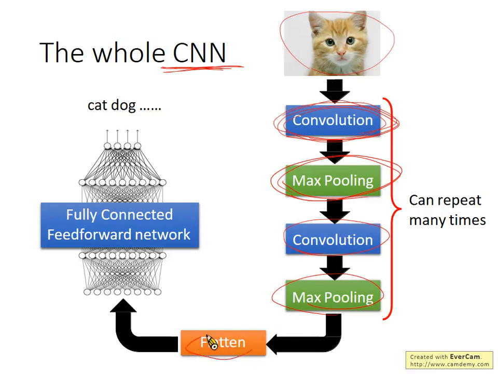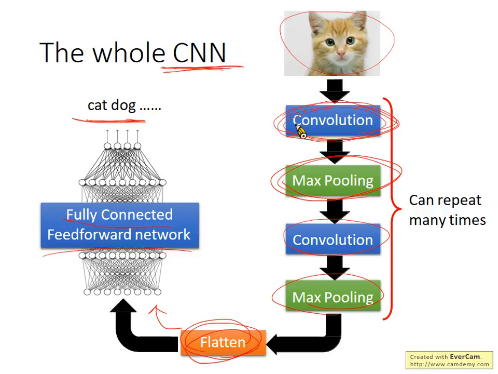And then we flatten it. We flatten the feature vector, and then input the flattened feature vector into a fully connected feed-forward network, so that we can finally recognize the semantics of this image.